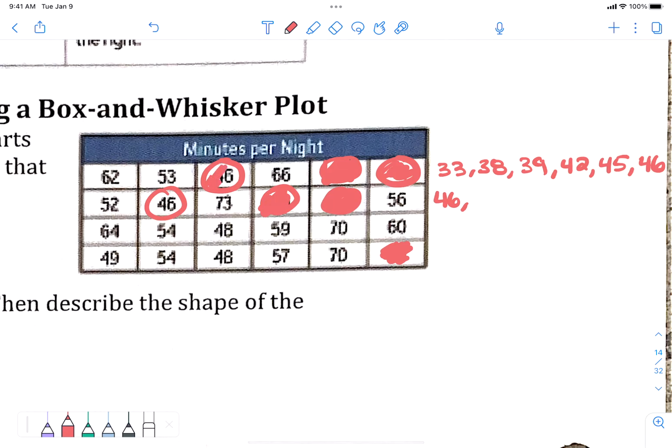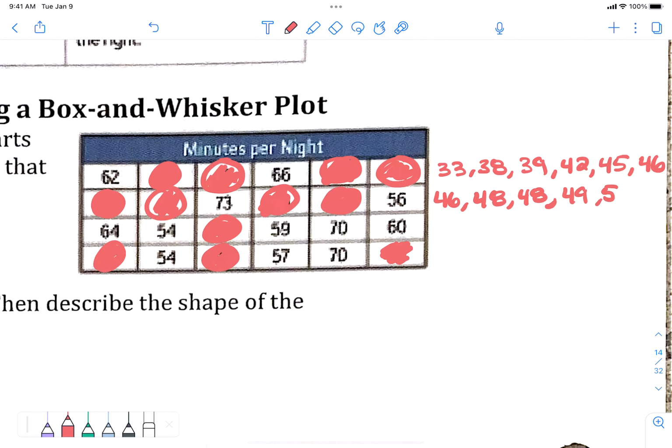Next, we have two 48s. Yeah, 48, 48. I see a 49 right here in the bottom corner. Is that it for the 40s? All right, now we're in the 50s. I see a 52 and a 53. Then I see two 54s.